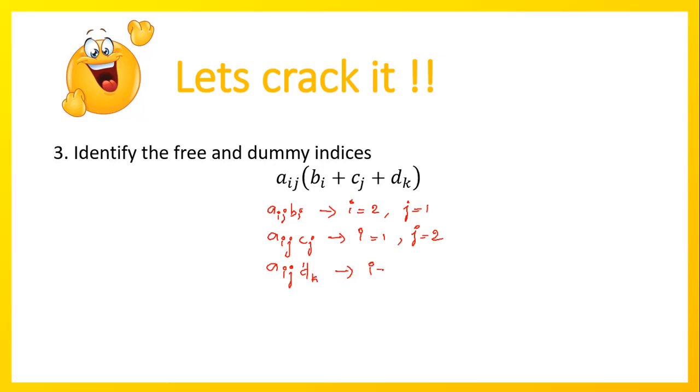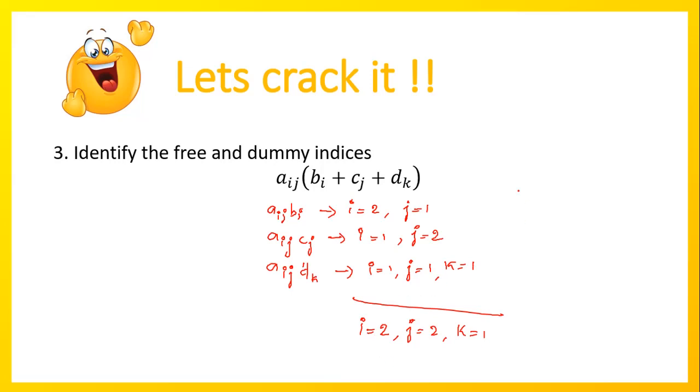Here i appears once, j appears once, and k appears once. So when we look into this equation as a whole, we will take the highest number. Using the highest number, we can say that i appears twice, j appears twice, whereas k appears once.